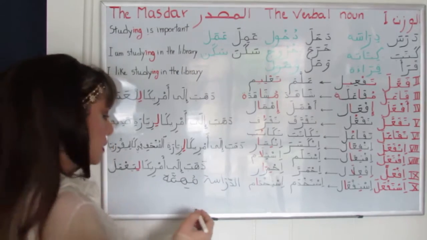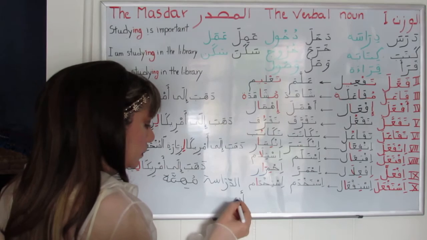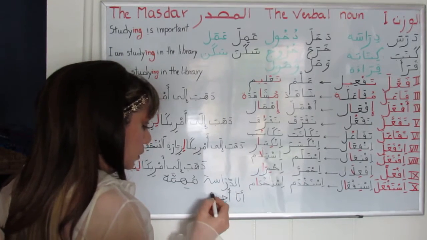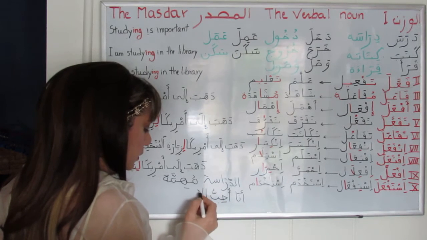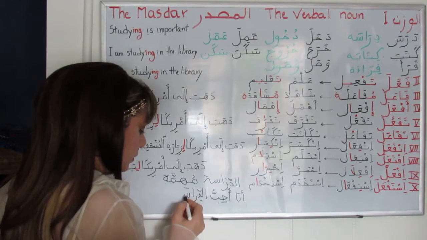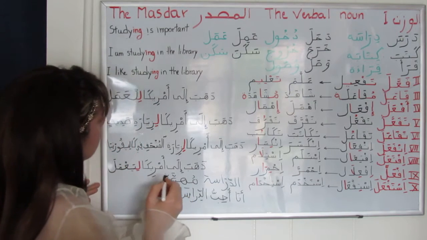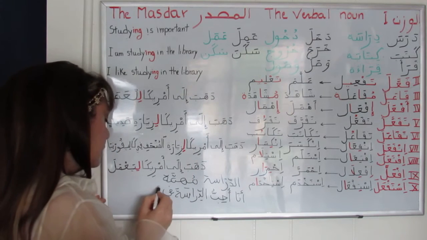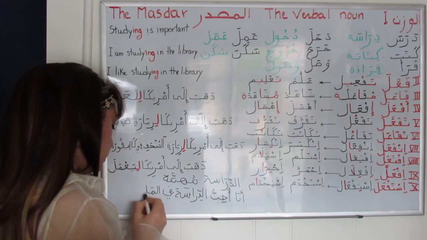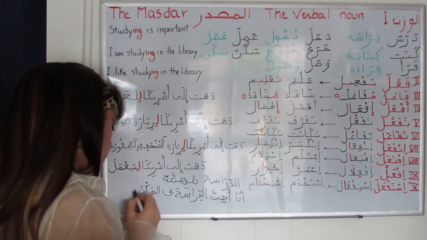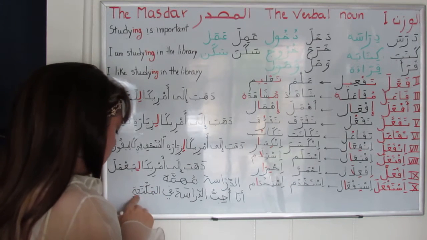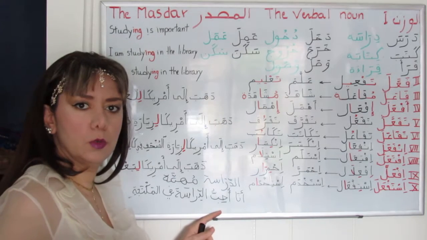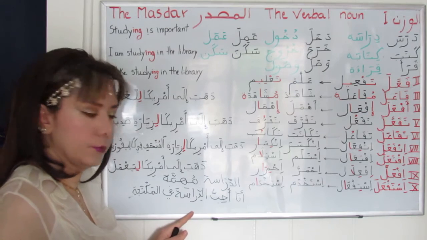Again, it's definite. أنا, I, أحب, الدراسة. الدراسة في, in the library, في المكتبة. Since الدراسة here is the object of أحب, it will be in the accusative with فتحة.